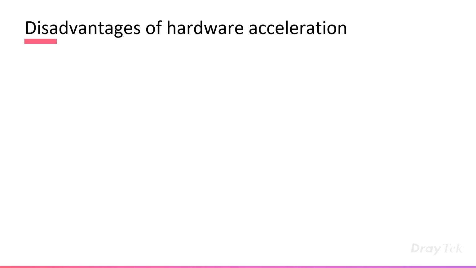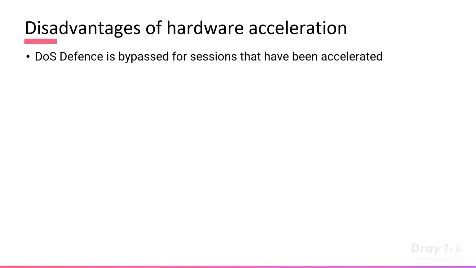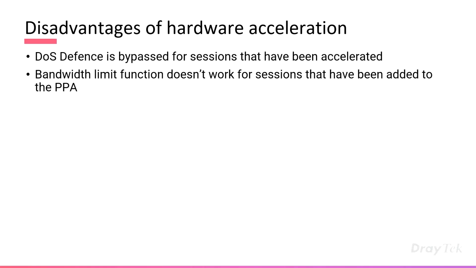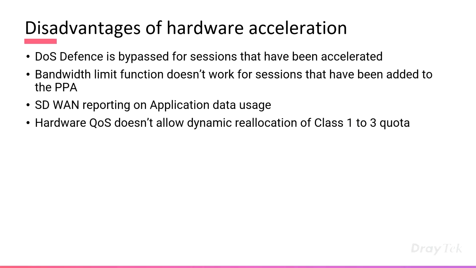Just to reiterate some disadvantages of hardware acceleration use: the DoS defense is bypassed for sessions that have been accelerated. The bandwidth limit function doesn't work for sessions that have been added to the PPPA table. SD1 reporting on applications data usage is going to be affected as well.